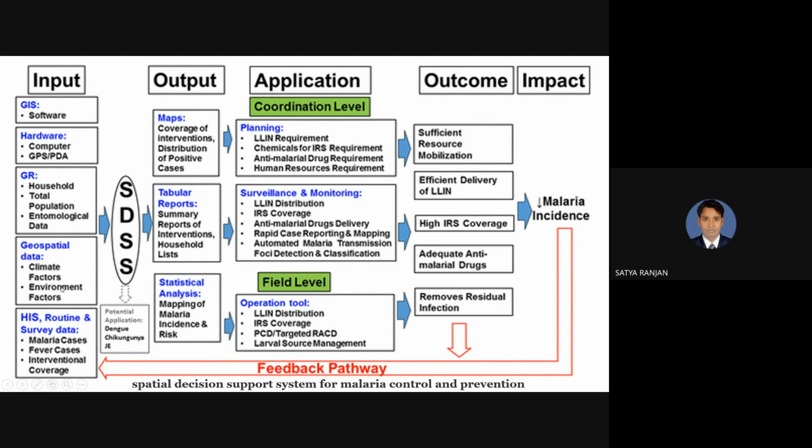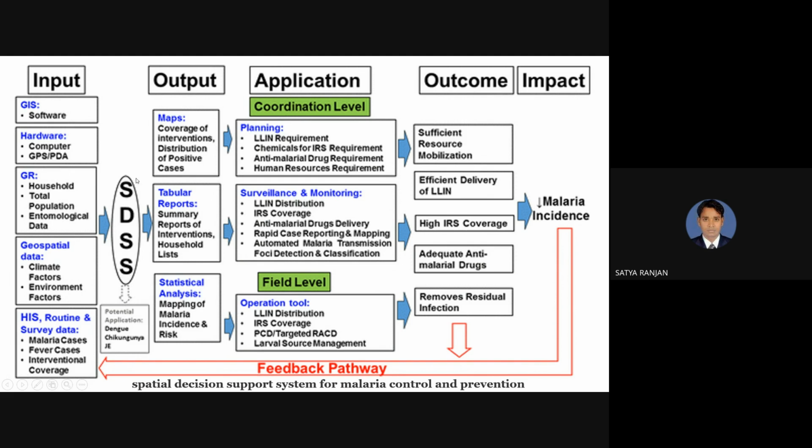These types of data are prepared using different remote sensing satellite images and other climatic data. Then route survey, malaria cases. These are all field survey data. All are integrated in the SDSS for dengue, chikungunya, and malaria.